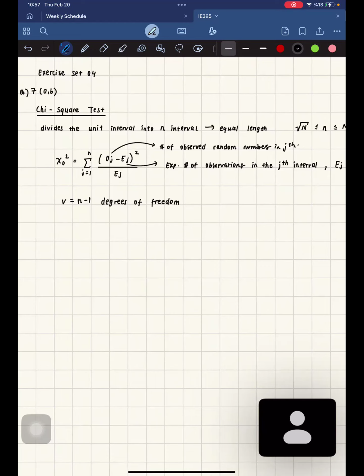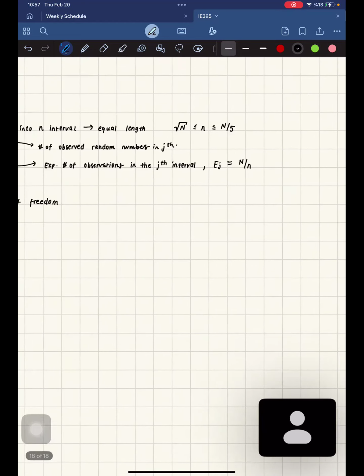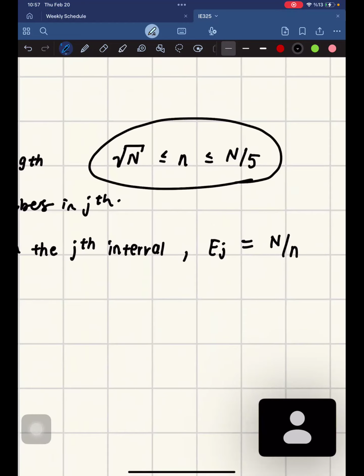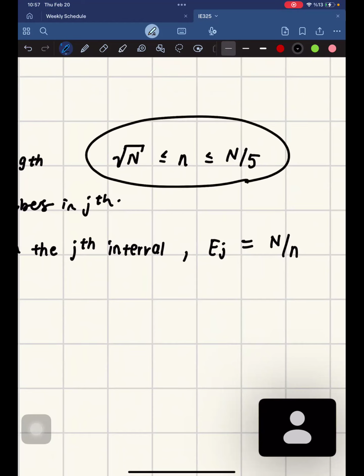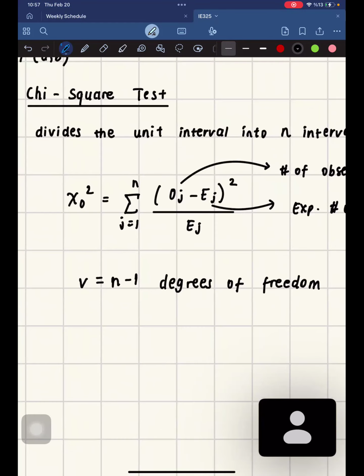We choose an n value that conforms to this interval, we calculate the test statistic given by this formula, and we find the critical value from the chi-square distribution table for our degrees of freedom, n minus 1, and our significance level alpha.